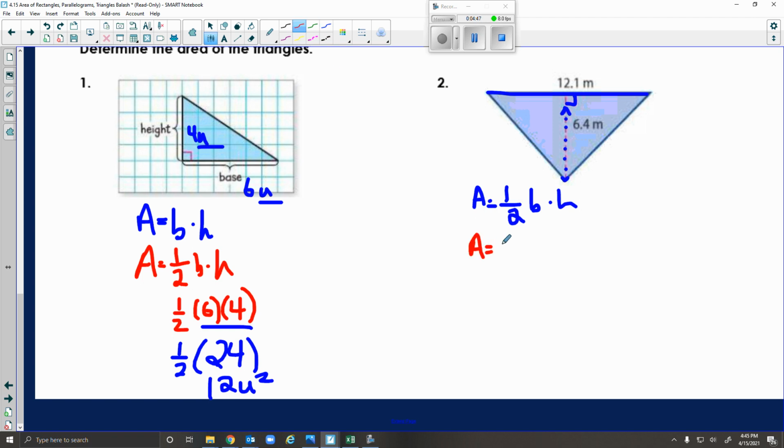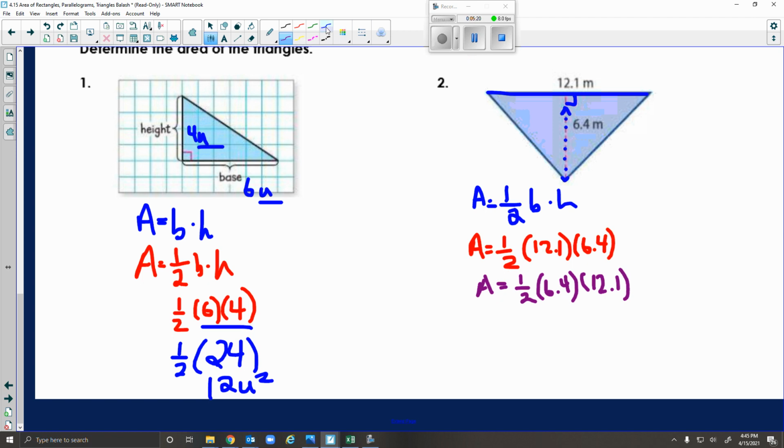If I plug and chug, I'll do area is 1/2 times the base, which is 12.1, times the height, which is 6.4. I can do this in any order that I please, but I want to rewrite this because of the commutative property. I'm going to flip the 12.1 and 6.4. They're just changing positions. The order doesn't matter here.